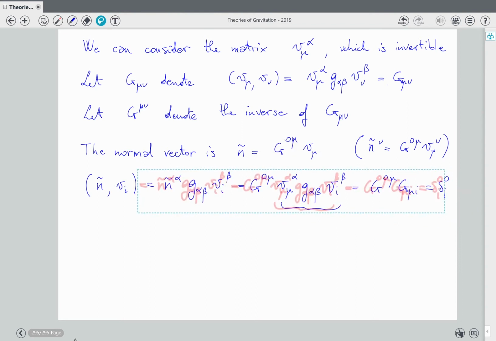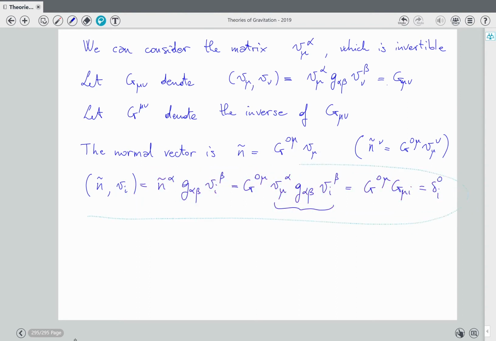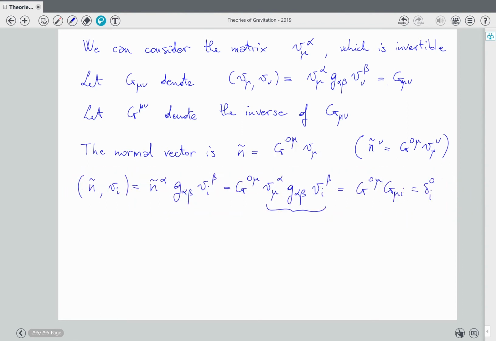So this vector is orthogonal to the other vectors, the vectors Vi, which means that it has no components on the surface, so it can be only orthogonal.